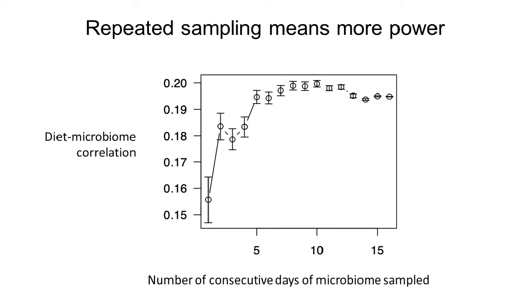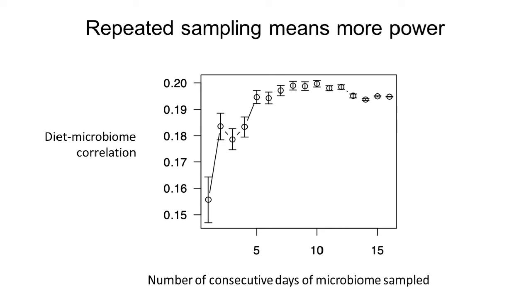As soon as I go up to 2 samples, so 2 consecutive microbiome samples, say Monday and Tuesday, and take their average, all of a sudden I get this big boost in the power to detect this signal. I can now detect 18.5% or 0.185 correlation.